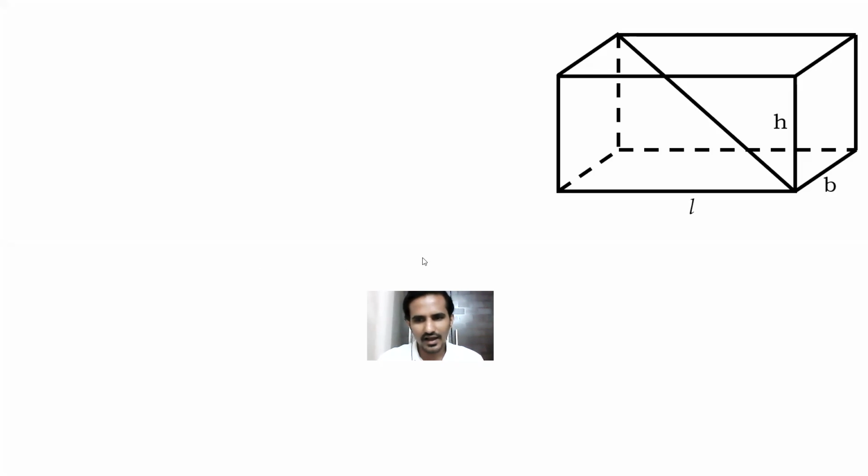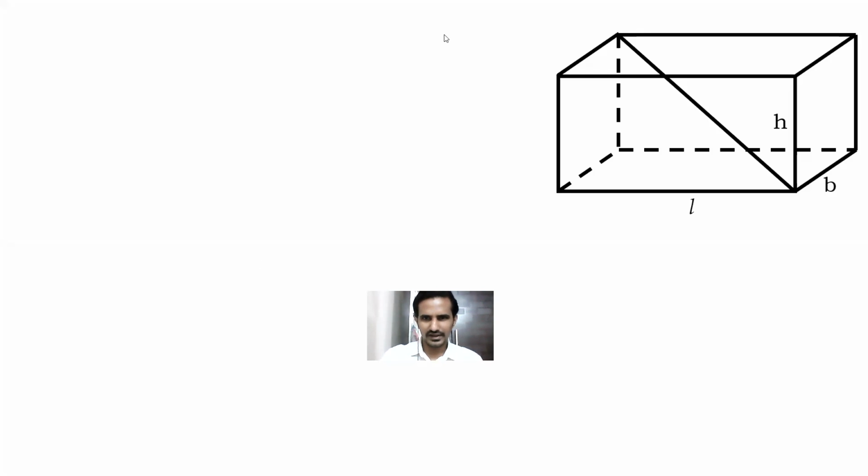Siddhi Dhedia, you can mute yourself and tell me the formula for lateral surface area. 2H bracket L plus B. Okay, you have written 2H first. That's good. Okay, tell me the formula for diagonal of a cuboid. Square root L square plus B square plus H square. Very good, very good. Okay, please mute yourself.